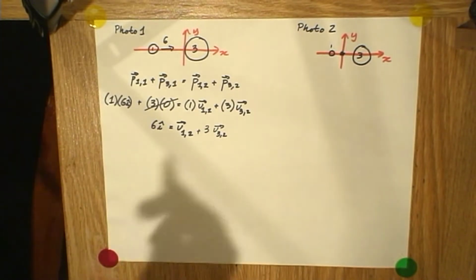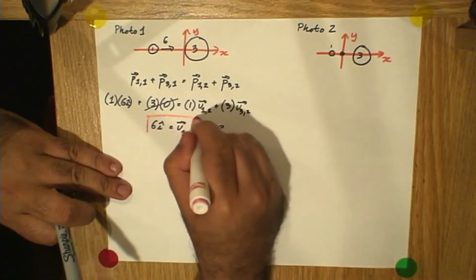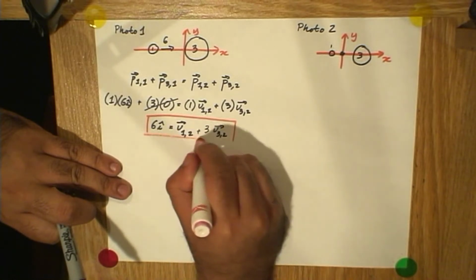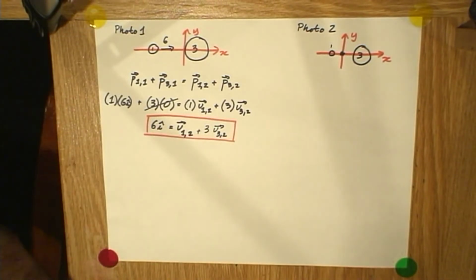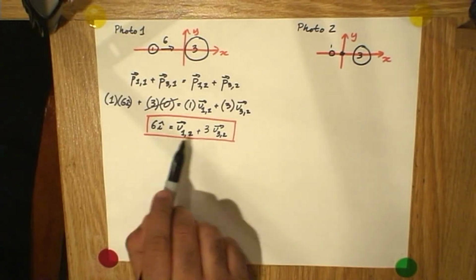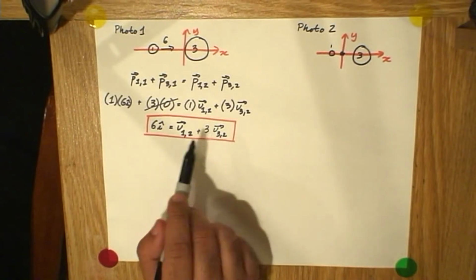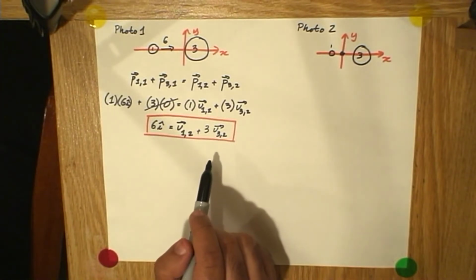So this is as far as we can go with conservation of momentum. We have now ended up with one equation with two unknowns. We cannot simplify this any further.